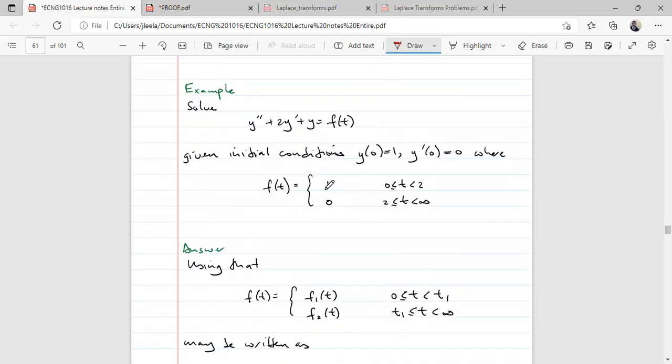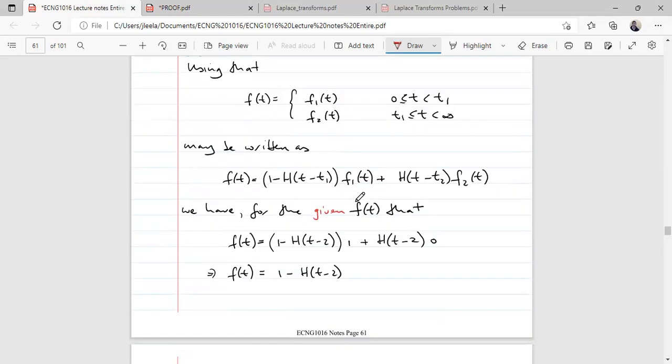So here you'll have to multiply by h(t). You'll have your brackets here, h(t) minus h(t minus 2), by 1. And here you'll have your h(t minus 2) by 0. So this part won't give you any contribution.